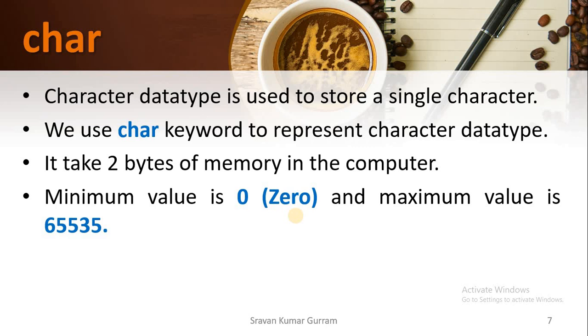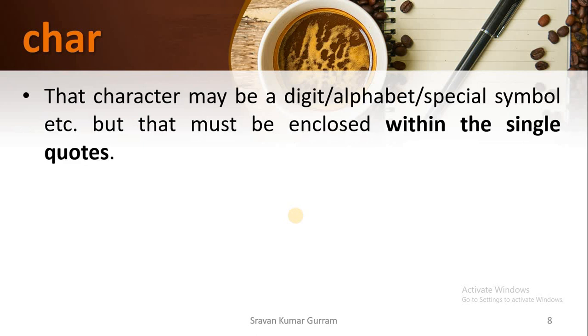So completely we can store 65,536 values. The character may be a digit or alphabet or special symbol. But the condition is that the character must be enclosed within single quotes. Then only that character is treated as a character literal.